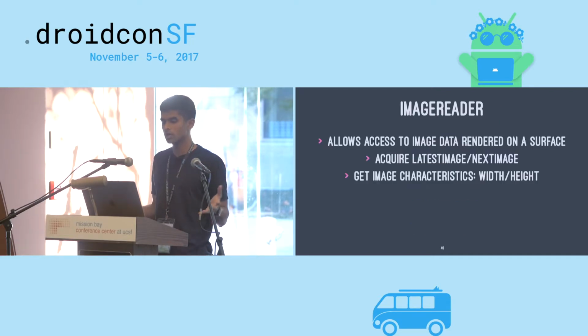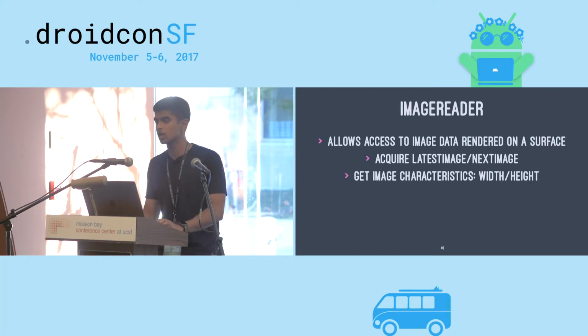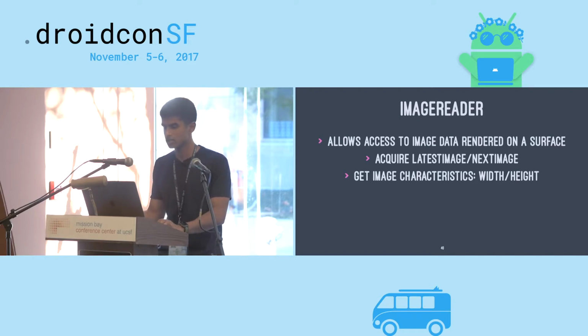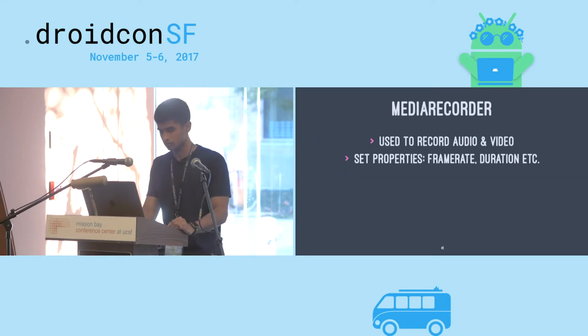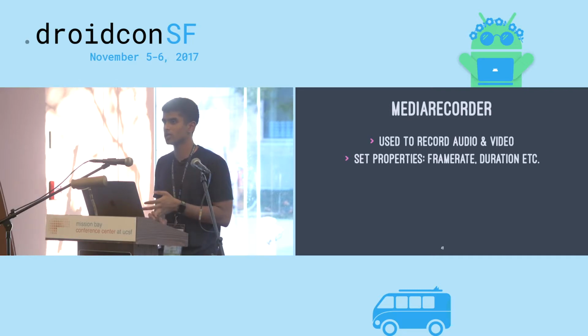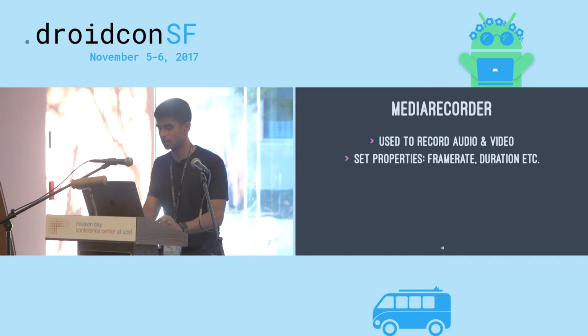So image reader allows access to image data rendered on a surface, and you can use it to acquire the latest image, next image, and so on. Then it also returns image characteristics. Media recorder is very simple. It's very similar to the image reader, used to record audio and video. And you can set properties like frame rate, bit rate, and duration, such as max duration.